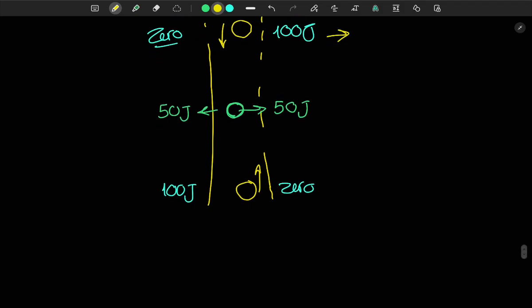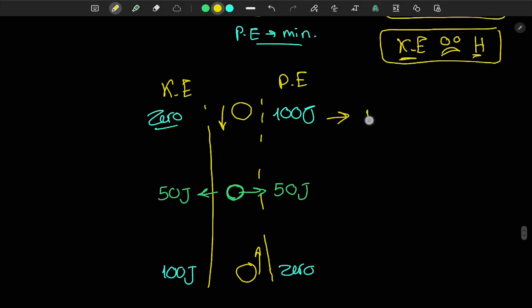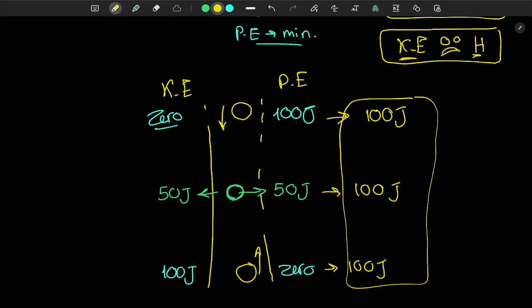Here the sum is 100 joule. 0 plus 100 equals 100, 50 plus 50 equals also 100 joule, 100 plus 0 equals also 100 joule. So this 100 joule is called mechanical energy.